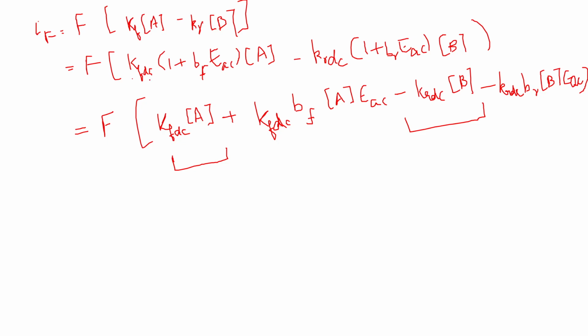How did I get this? First term I multiply KFDC into 1 into A. This gives me the first term, right? Next term is KFDC into BF into EAC into A. Basically, I'm opening the bracket and multiplying. Now you see this. F into KFDC into concentration of A minus KRDC into concentration of B. What is that? IF?